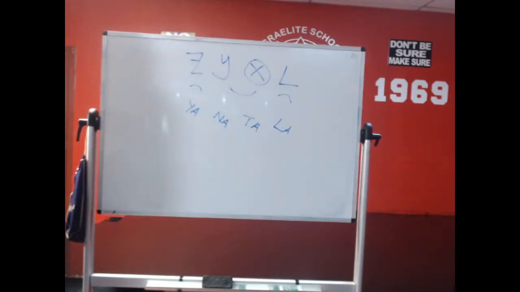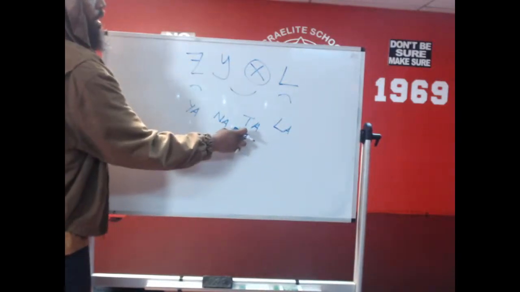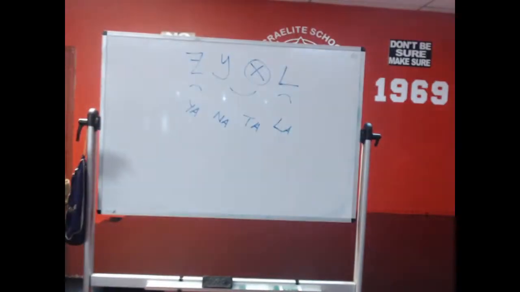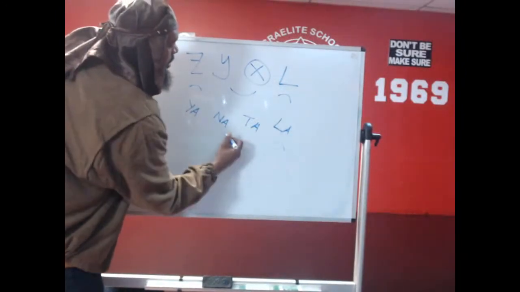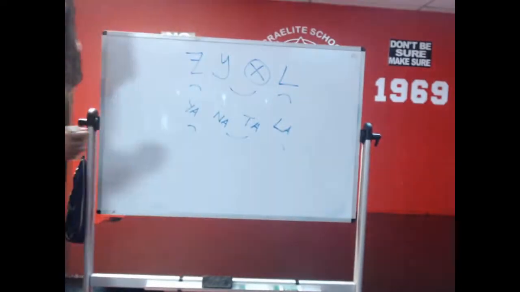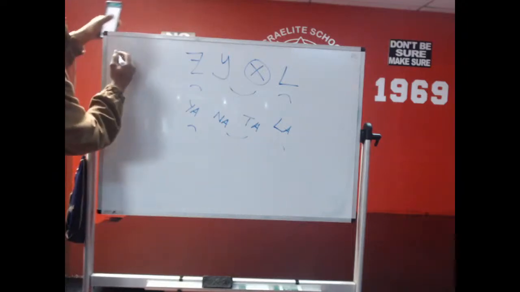So now, let's put this together. La, Ta, Na, and Ya. Put it together. Bumpers and bridges. What do you get? Right. Latanya.